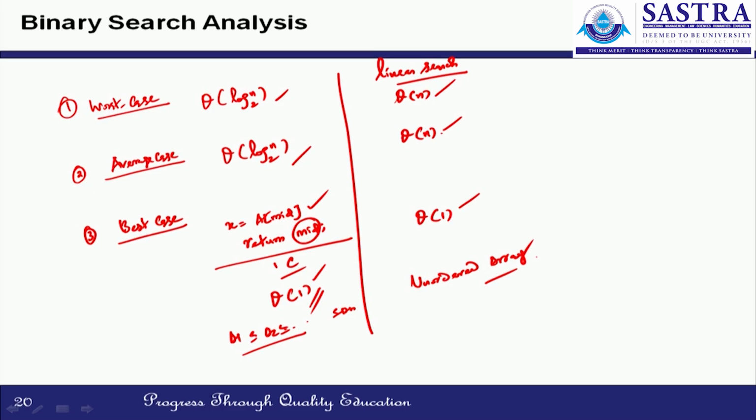Comparing linear search with binary search, binary search takes theta of log n based computational complexity. Theta of log n computational complexity is better than theta of n computational complexity. So, binary search performs a faster search compared to linear search.